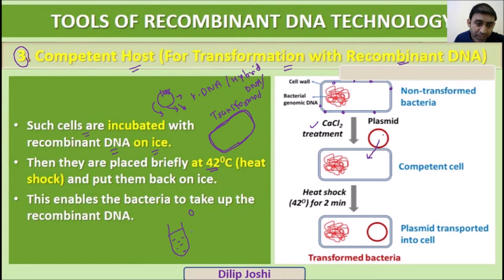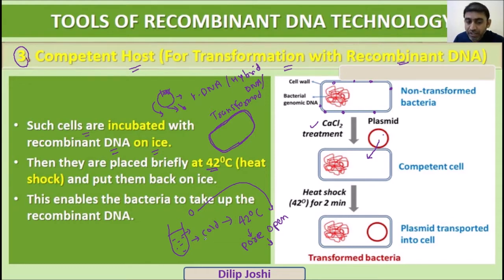Initially the bacterial cells are placed in the cold temperature, then transferred to hot temperature, up to 40 degrees, and when 42 degrees is given, the pores of this bacterial cell wall open, and then we can transfer this vector into the bacterial cell.